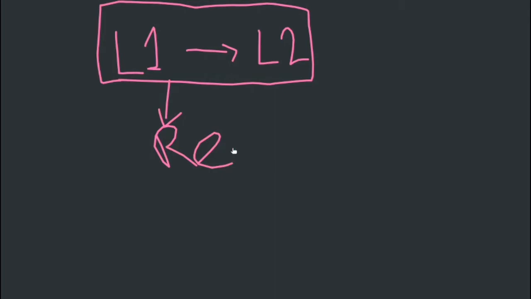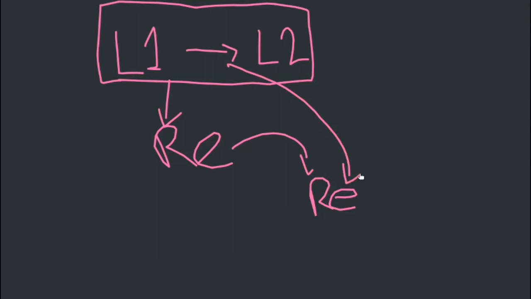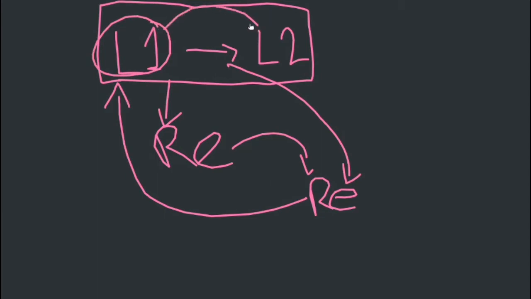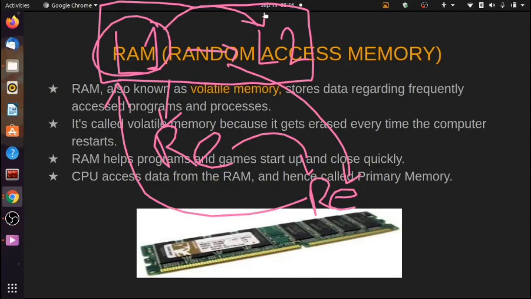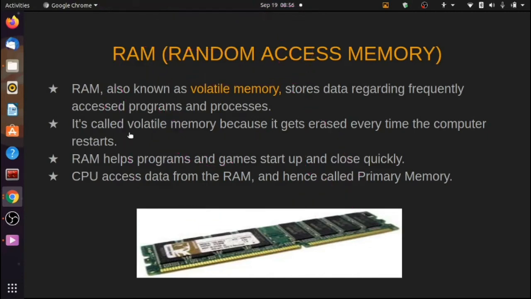After the computer gets restarted, the data from the game which you were playing before the restart is not there anymore, and because of which you again have to start from level 1 and move on to level 2. And this is the reason why RAM is called a volatile memory, because the data gets erased every time.